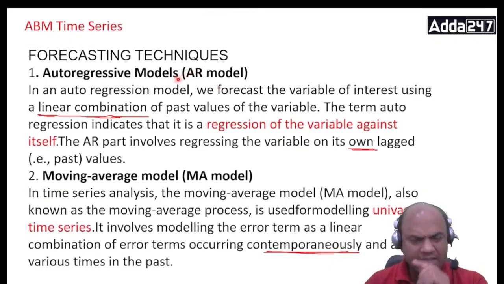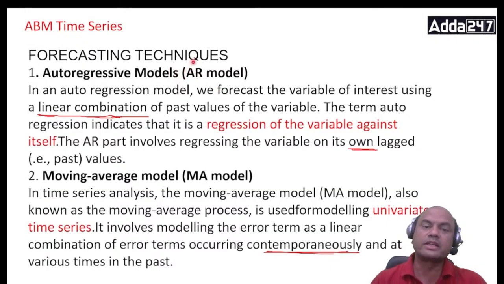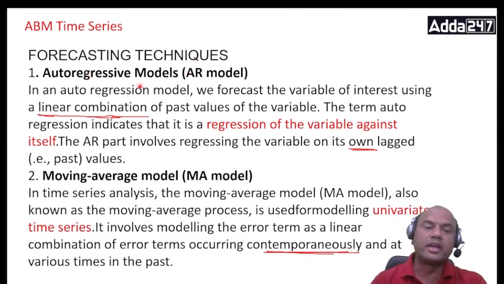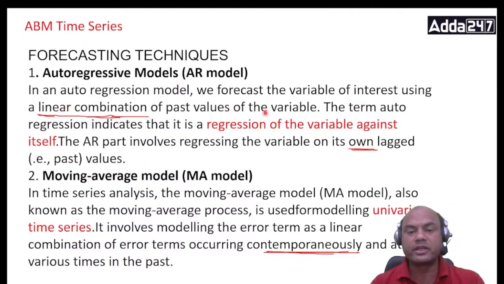Now some theory, last part of this topic, forecasting technique. Now forecasting technique, there are three methods, not two. Auto-regressive, then moving average, and last one is ARMA, a combination. So what is auto-regressive? In the auto-regressive model, we forecast the variable of interest using a linear combination of the past values of the variable. Look at this, linear combination.